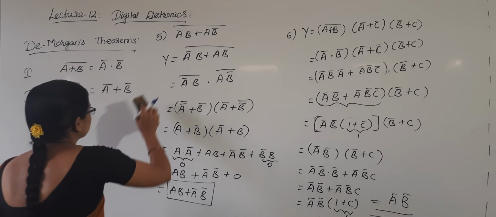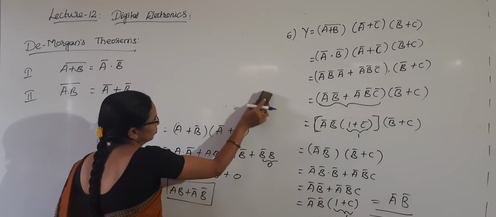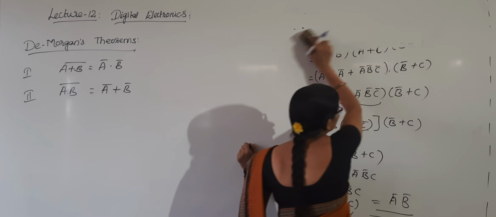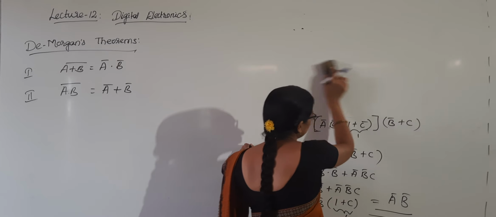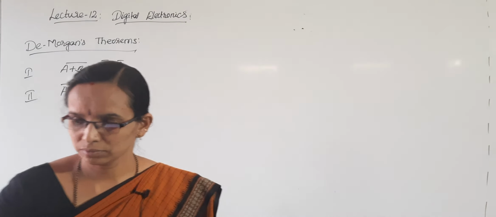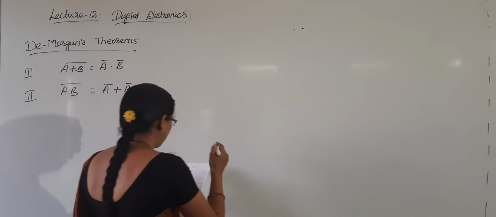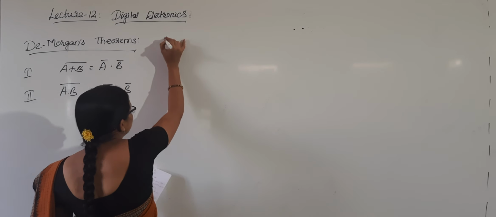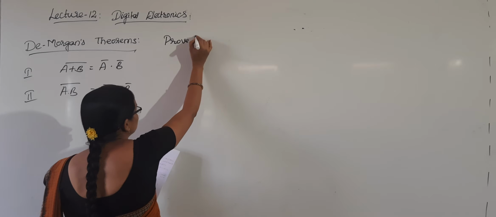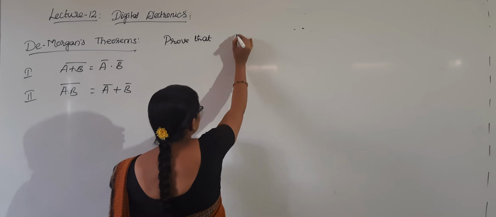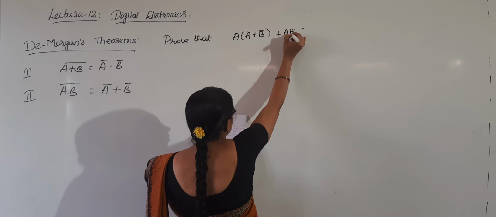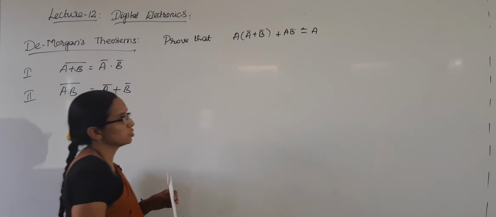Next one is, prove that A into A bar plus B bar plus AB is equal to A. This is a Boolean expression, not De Morgan.